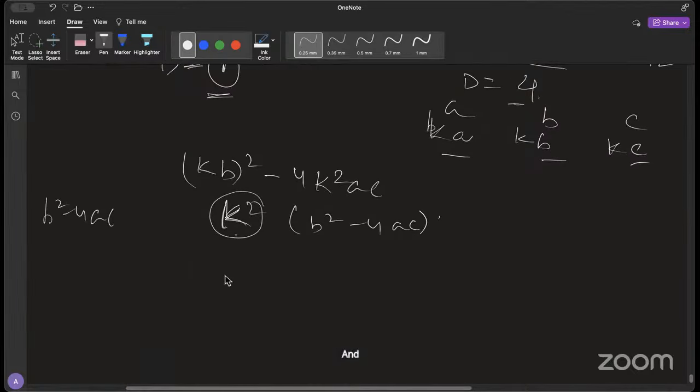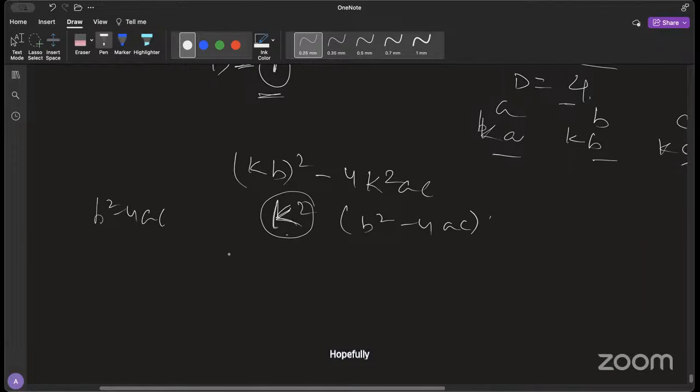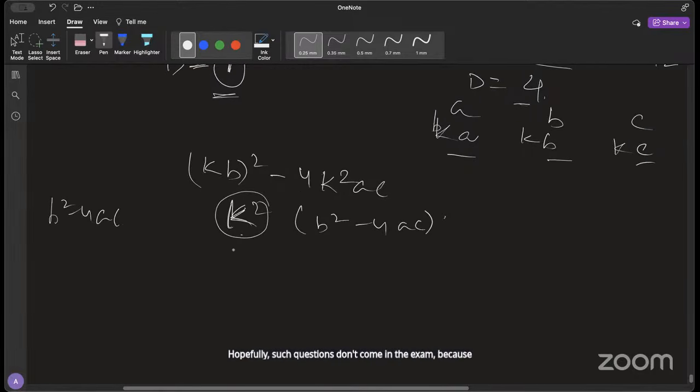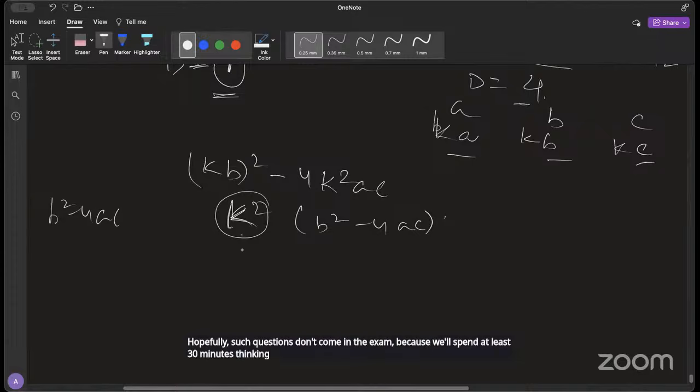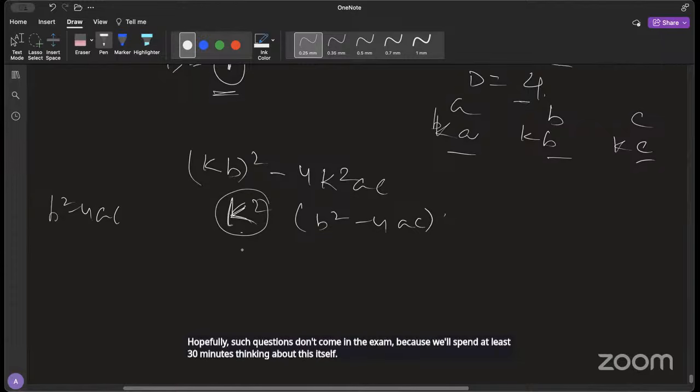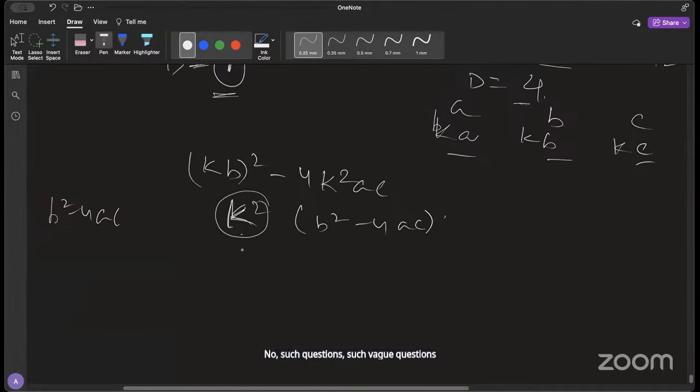And to say the very least, this is a poorly framed question, because they at least should have used the word polynomial instead of equations. Hopefully such questions don't come in the exam. No, they won't, because we spent at least 30 minutes thinking about this itself. Such vague questions with vague terminology are not going to come in the exam. So you can relax about that.